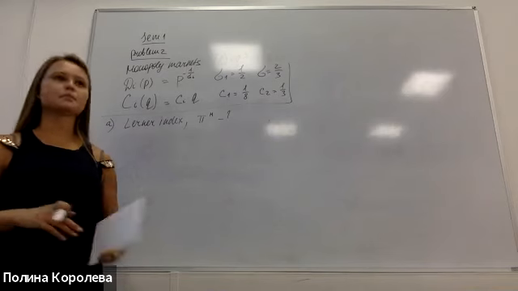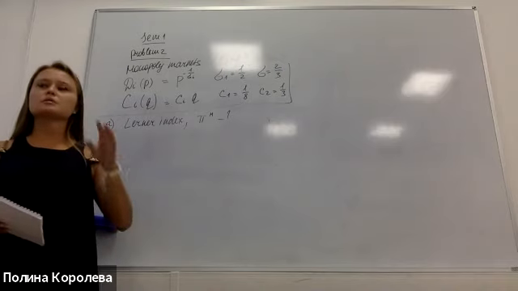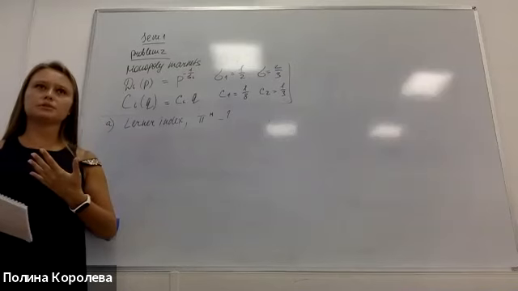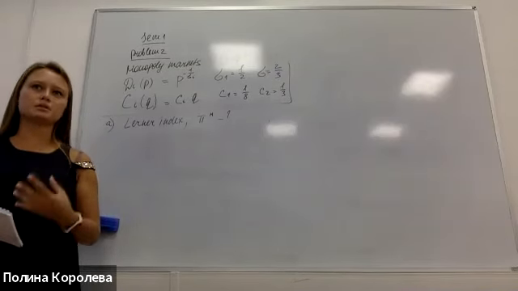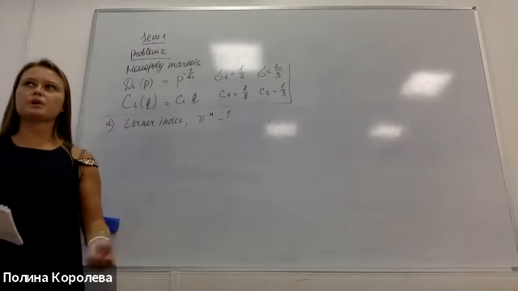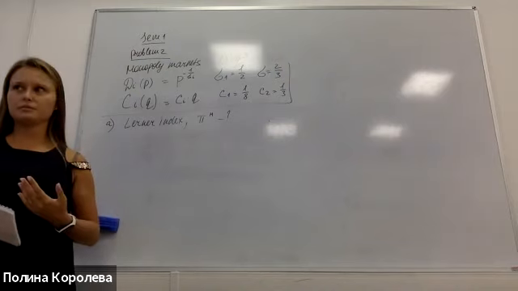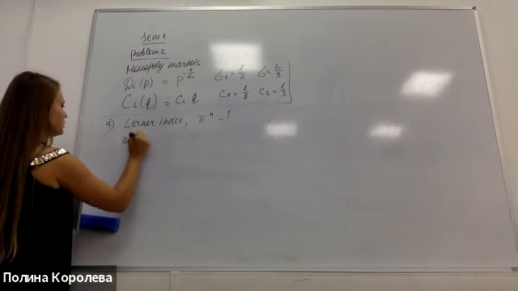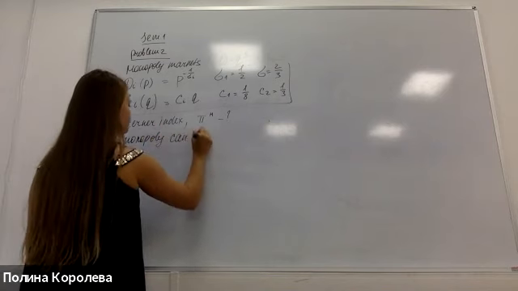So in a monopoly market, a firm can influence and will influence the price, but in a perfectly competitive market, one small firm cannot influence the price. So in perfect competition, firms are price takers. In a monopoly market, the firm is a price maker. Let's write down: monopoly can influence the price.